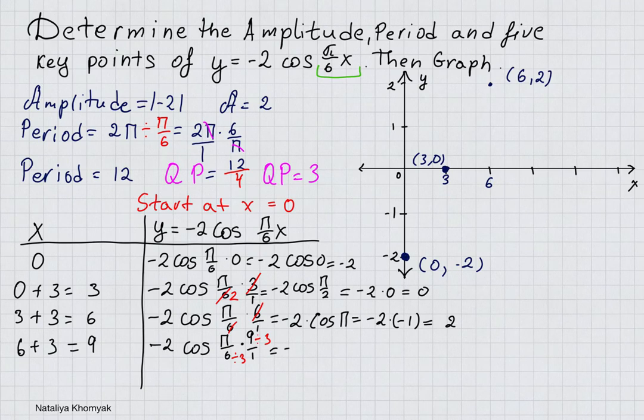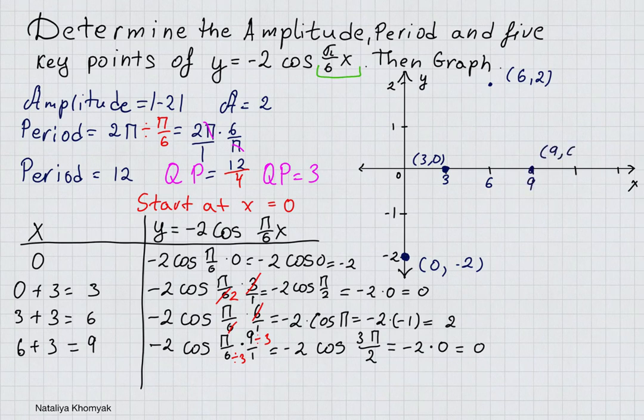This will give us negative 2 cosine of 9 divided by 3, which gives us 3 pi, divided by 6 divided by 3, which is 2. And we get negative 2 times cosine of 3 pi over 2, which is equal to 0. So this will give us 0. So when x is 9, y is equal to 0.